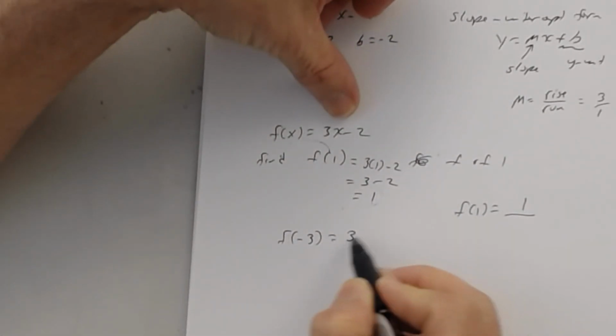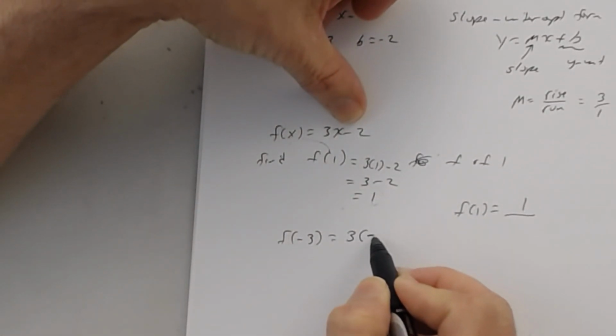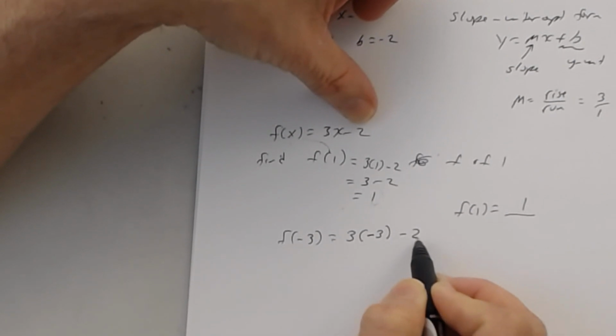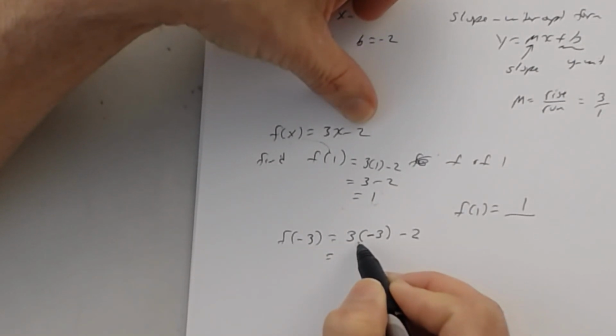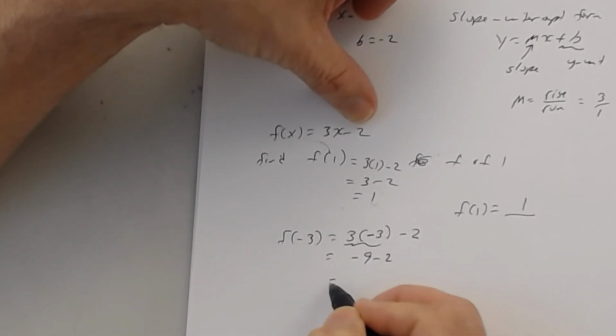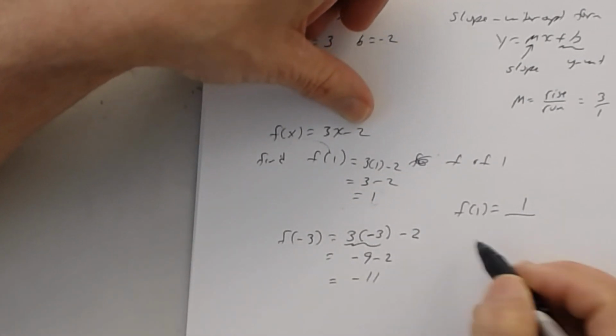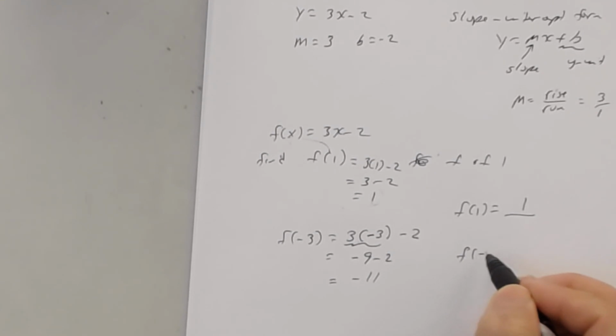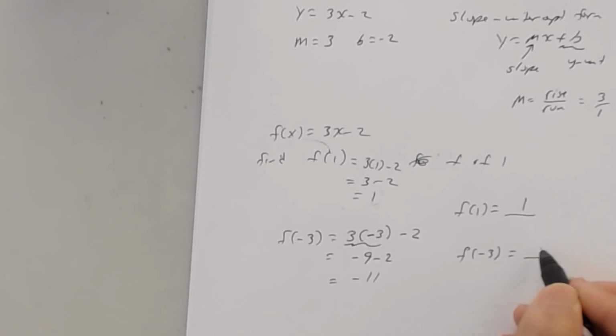So I get 3 times negative 3 minus 2. Order of operations, I multiply before I subtract. So that's negative 9. And negative 9 minus 2 is negative 11. So in the blank, I'm going to have f of negative 3 equals negative 11.